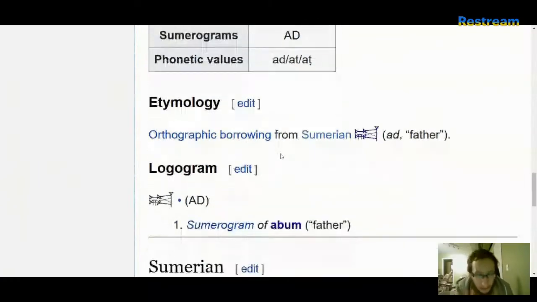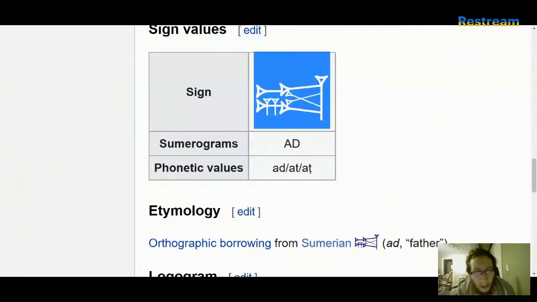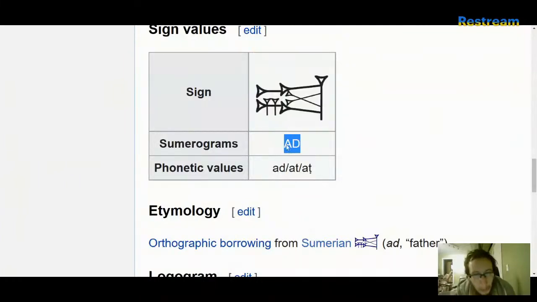So the best way to explain this to you guys is that in Akkadian, when you want to say father, the word is av. So you can use this word. You use the word ad to mean av. You're using the Sumerian word ad to mean the Akkadian word ab.